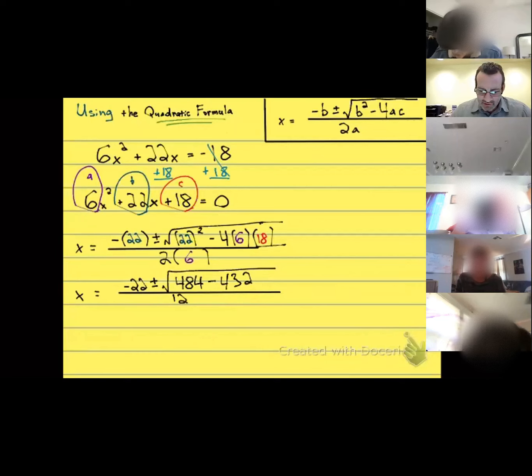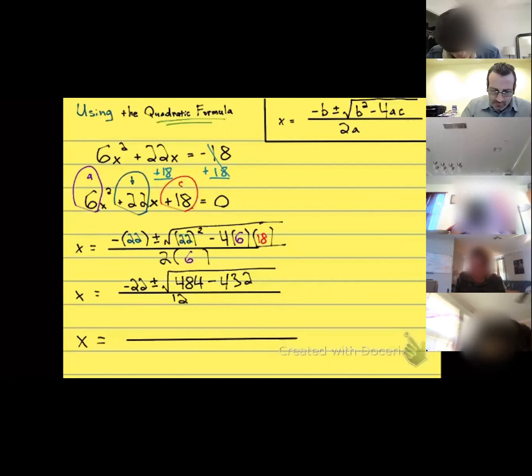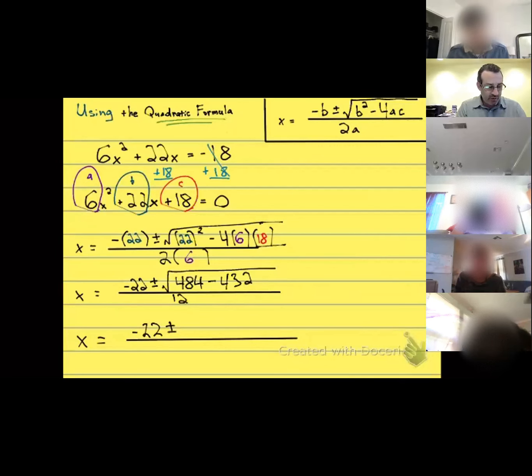All right, our next step is going to be still working under that radical. 484 minus 432. I know my calculator will be able to do that. So minus 22 plus or minus the square root of 52, all over 12.